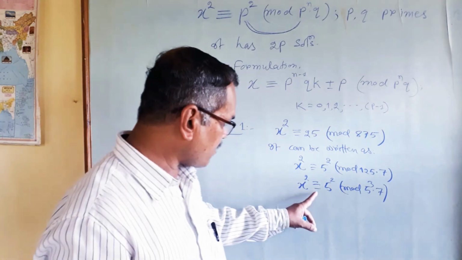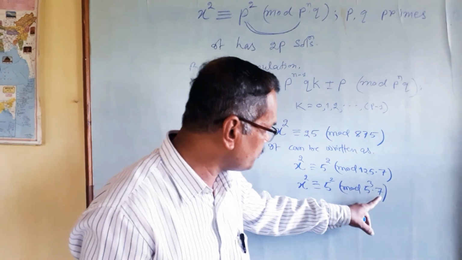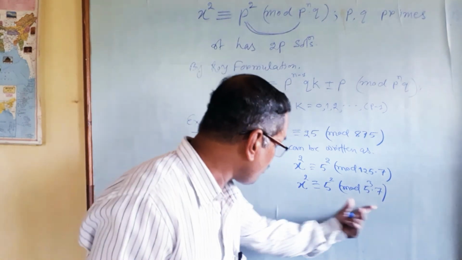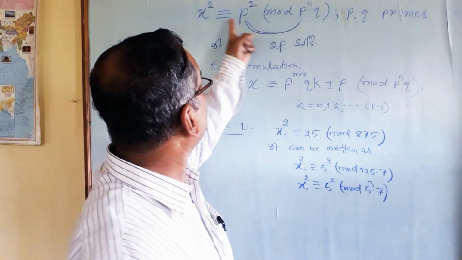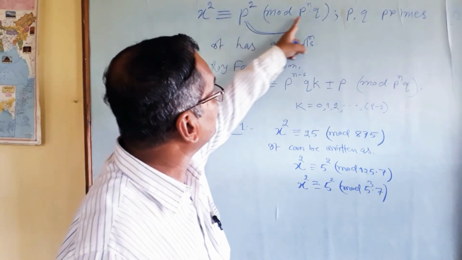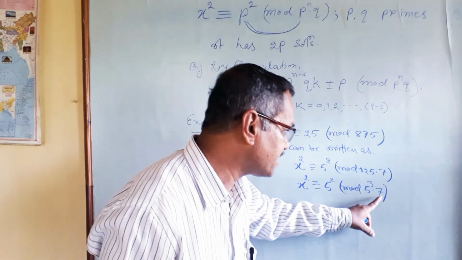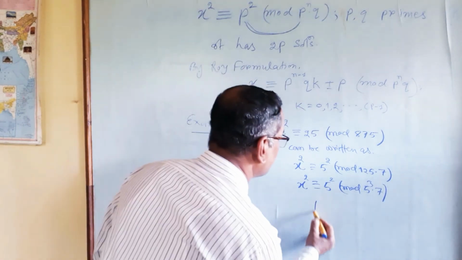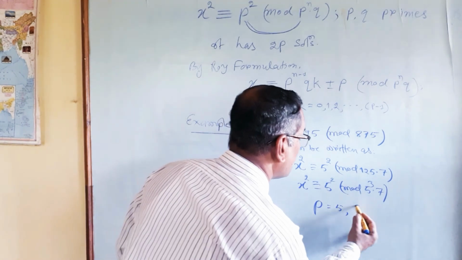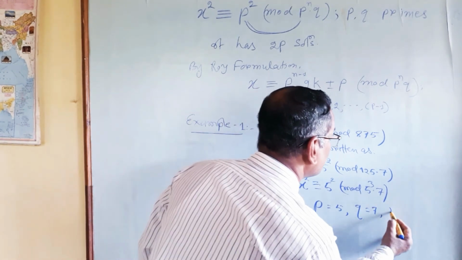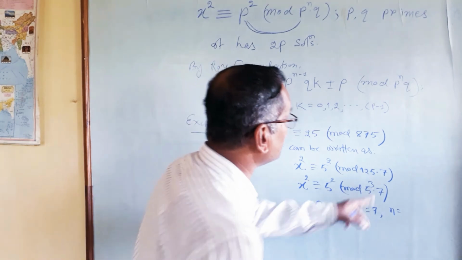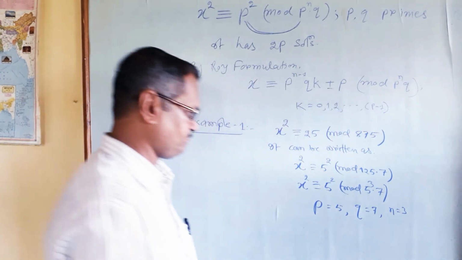Now x square congruent to 5 square mod 5 cube into 7 is of the type x square congruent to p square mod p power n q. Here our p is equal to 5 and q is equal to 7. What is our n? The value of n is 3.